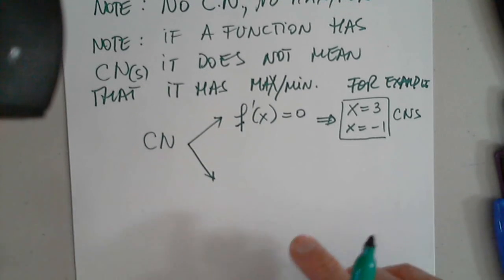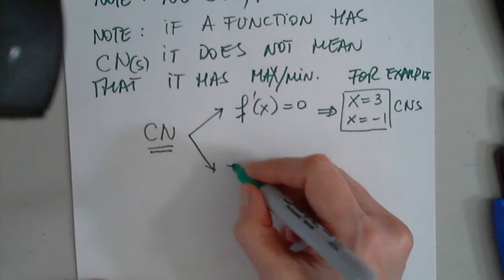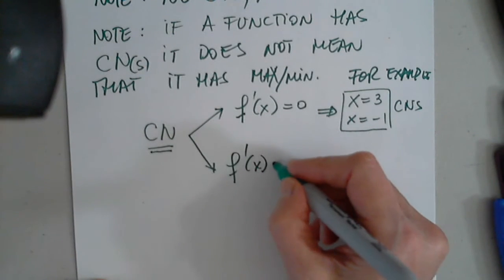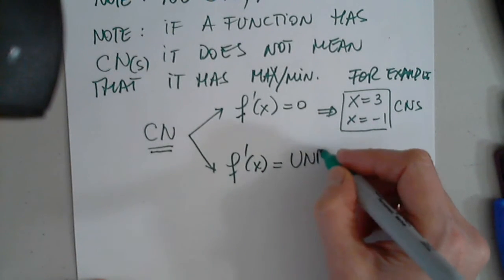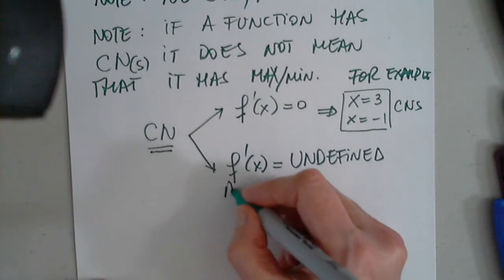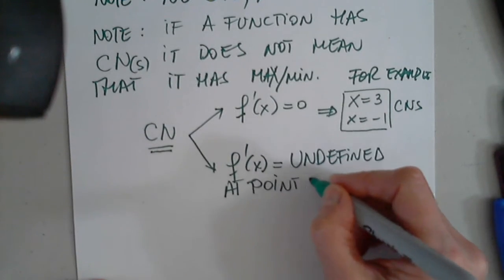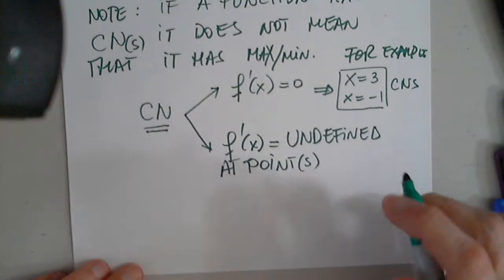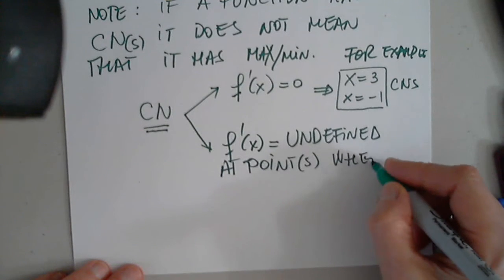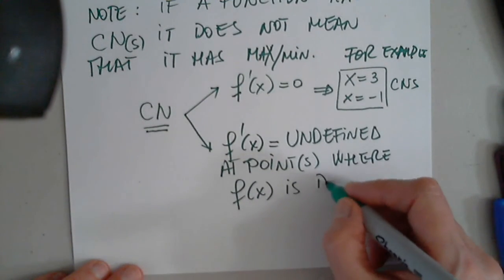I have other things to do before I decide whether they become max or min, or none of the above. Critical numbers can also come from a different source, from f prime of x being undefined at points where f of x is defined.